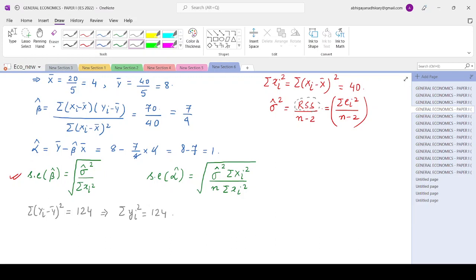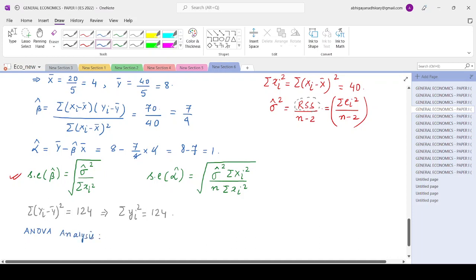Now we know one more thing, that from our ANOVA analysis, this is essentially the total sum of squares, and this can be split up into two parts, which is the explained sum of squares plus the residual sum of squares.